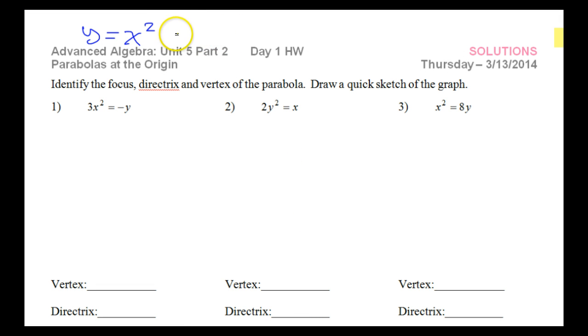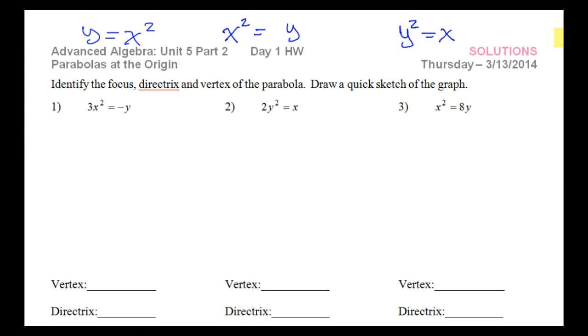Now, please understand that in the models we're going to be doing today, we're going to be looking at the equation written around in the other direction, more like x squared equals y. But that's still the same thing. Now, if you ever see an equation that has y squared instead of the normal x squared we're used to, like y squared equals x, how would we even put this in the calculator?